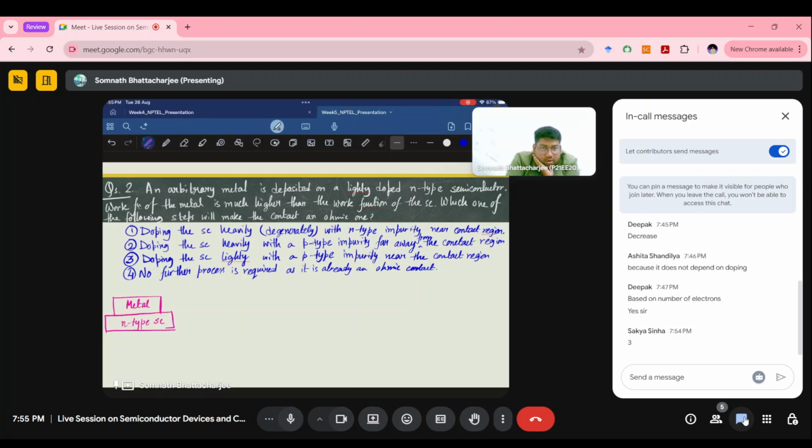Doping the semiconductor lightly. Okay. Others?